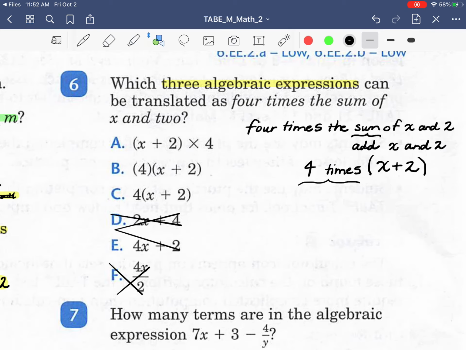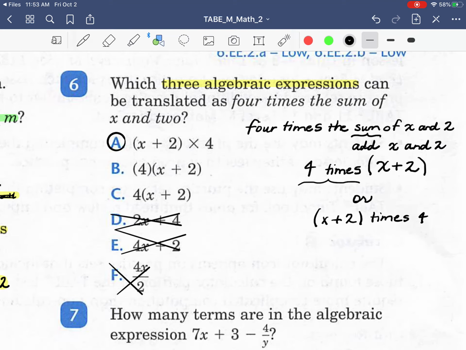So that one is not the same. Here's the first one. X plus 2 times 4. That's the same thing. We can reverse the order if we're multiplying. So you can do that. No problem.